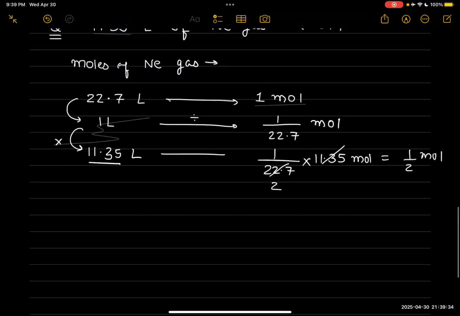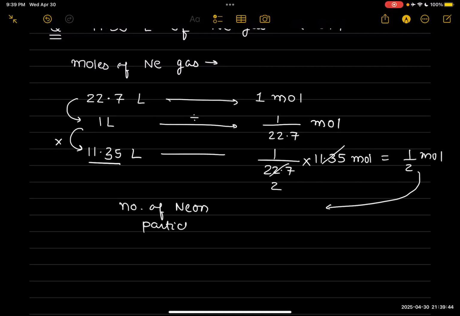So how many particles of neon will be there? Number of particles will be half of whatever is there in 1 mole. 1 mole contains 6.022 into 10 to the power 23 particles.